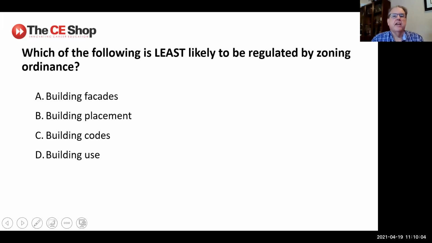So you have to be very careful when you read the actual problem itself. Would it be building facades, building placement on the lot, building codes, or building use?